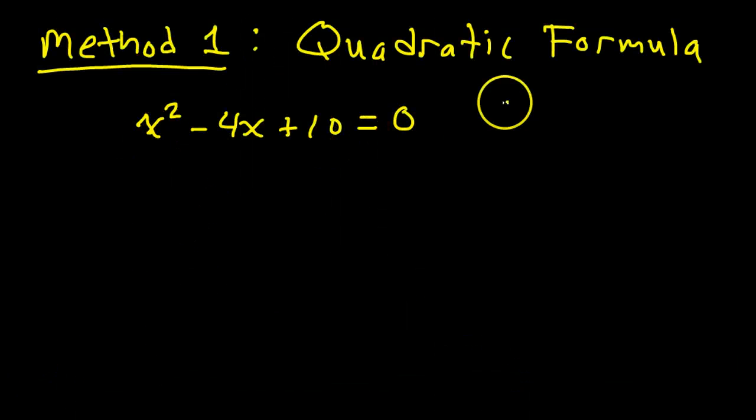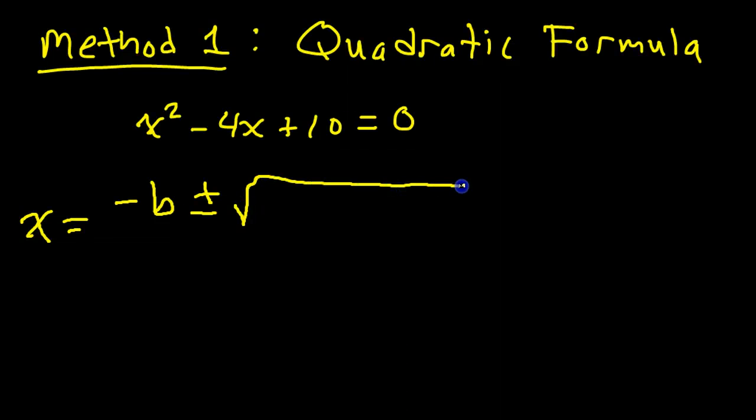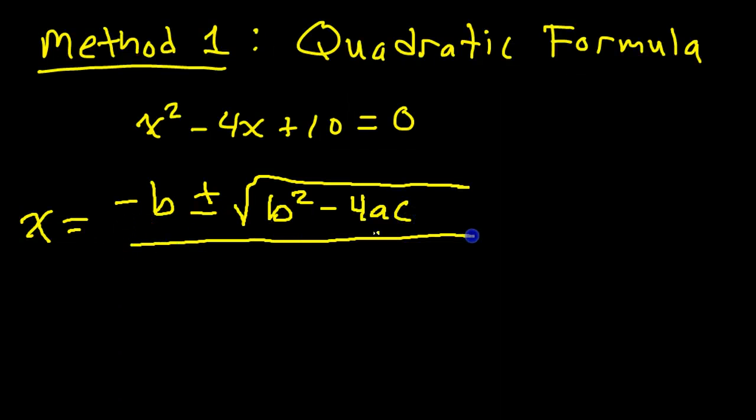Method 1 is the quadratic formula. The quadratic formula is this. X is equal to the opposite of b plus or minus the square root of b squared minus 4ac all over 2a.